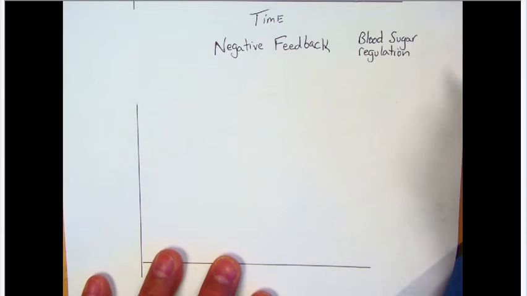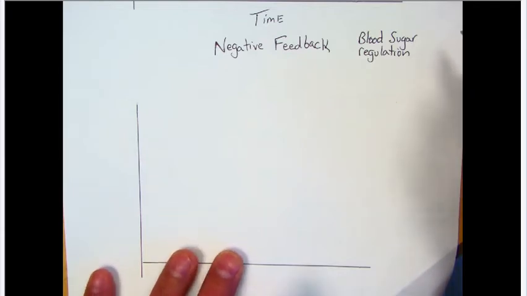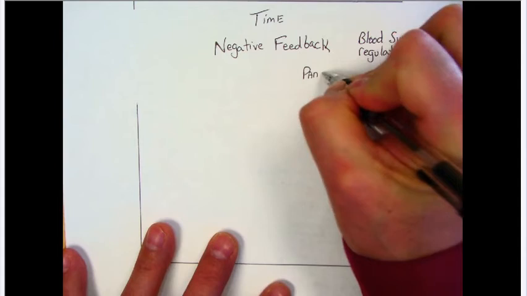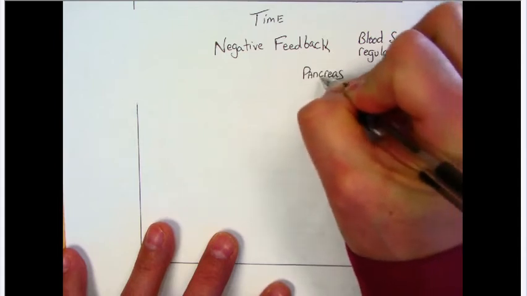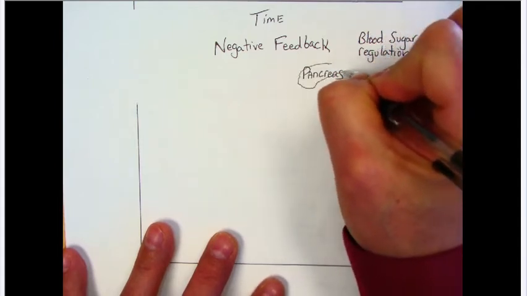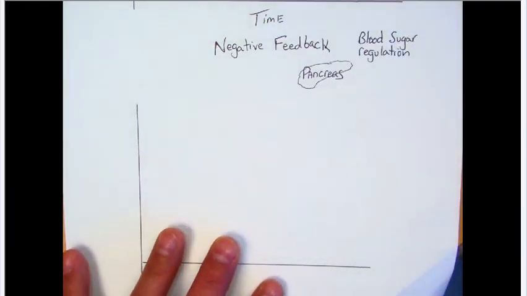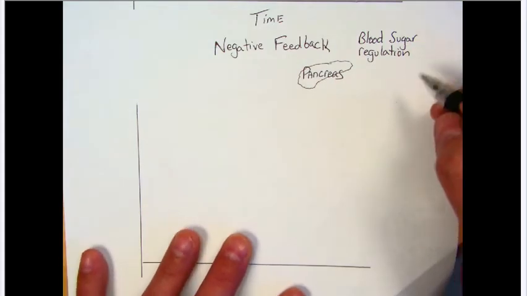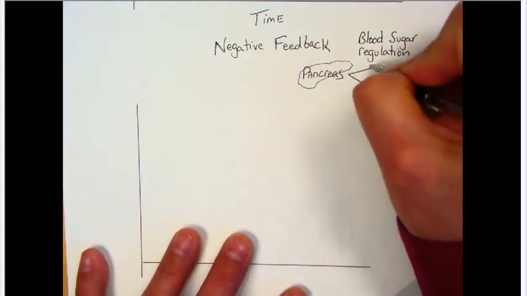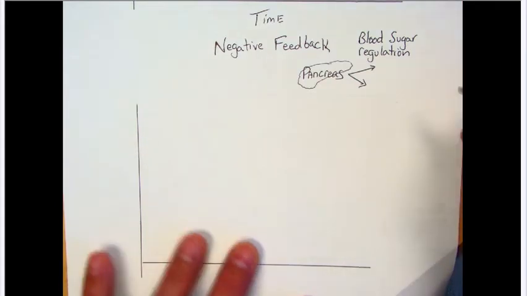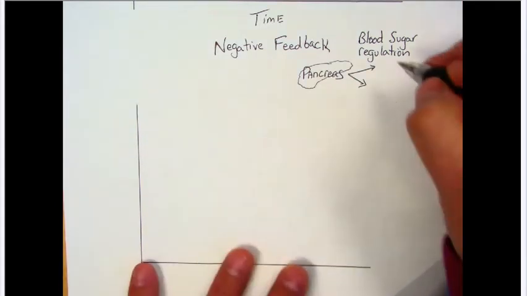Blood sugar regulation is done with one gland, the pancreas. That's that Nike swoosh looking gland that we saw earlier during class. And it produces two hormones. This will be reviewed once we go back to our note sheet.